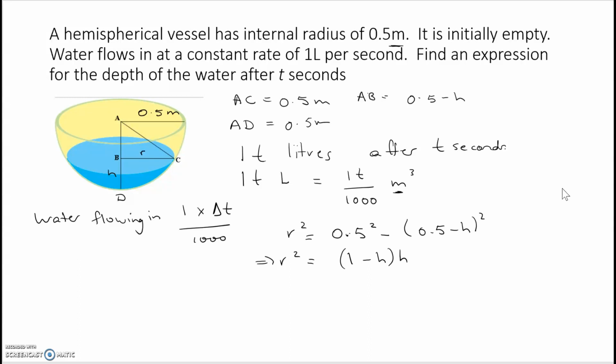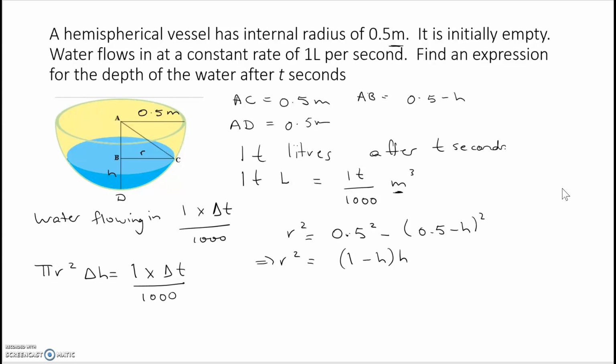We're talking about the volume, so we'll have a statement that says pi R squared times the change in height is going to be equal to the change in volume, which is 1 times delta T over 1,000.